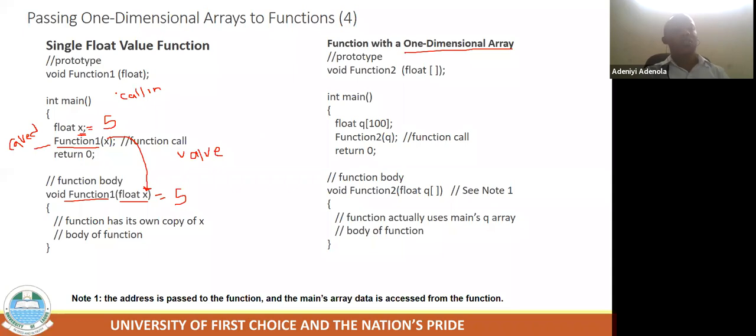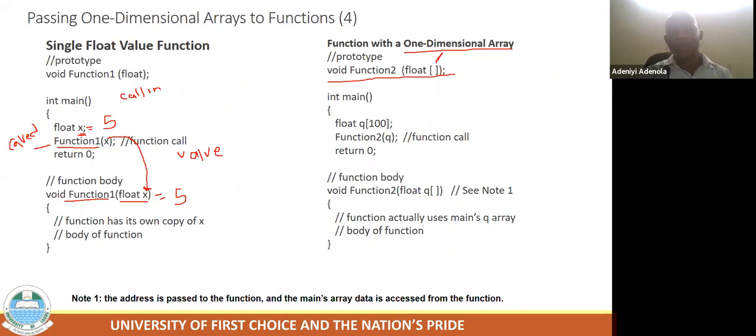Do you understand? So me passing this variable name to this function, we are passing the value, right? So a copy of the value stored in x is passed here. You understand? But when it comes to the function with our prototype, we can see that what we're going to be dealing with is an array.